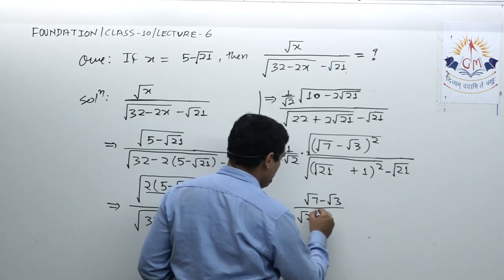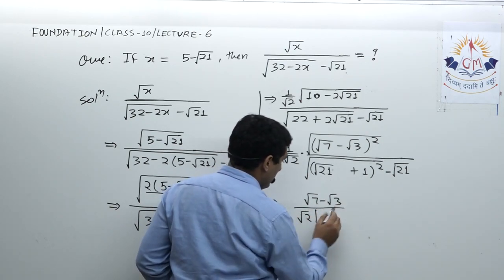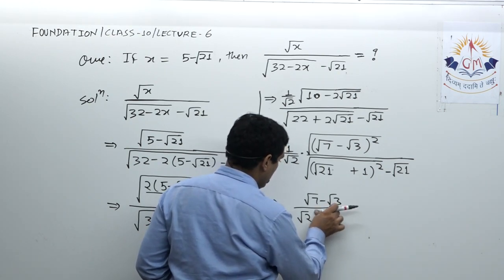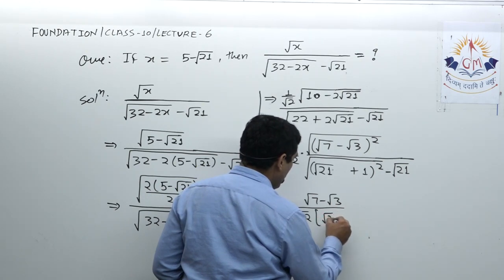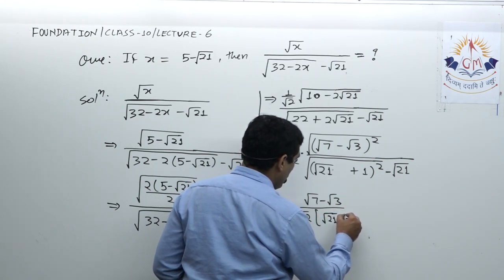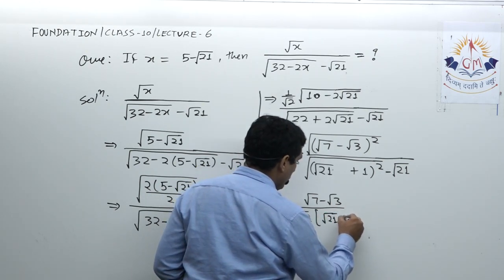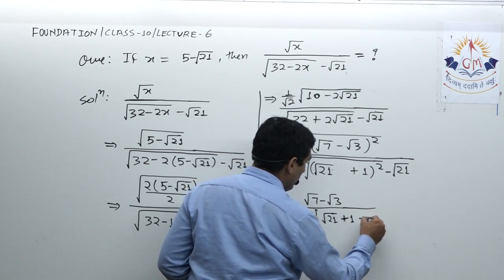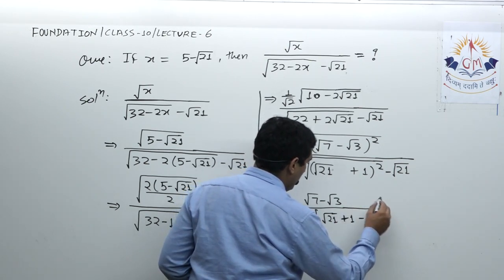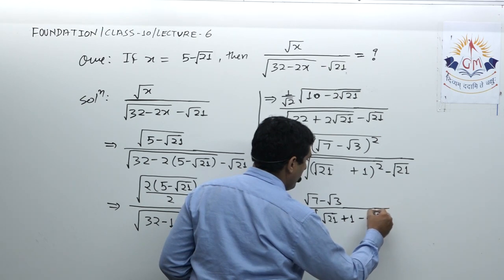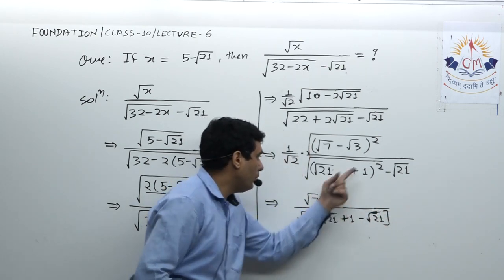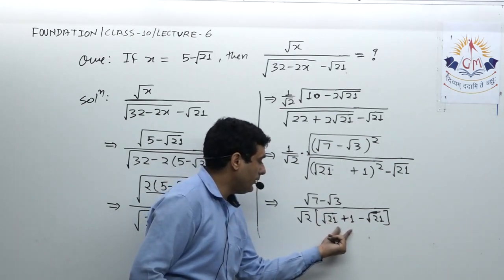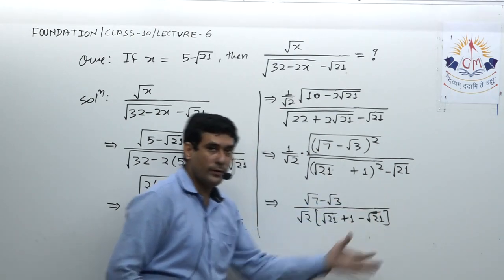Next, the numerator will be root 7 minus root 3, and the denominator will be root 2. Over here what I will get is the square root of root 21 plus 1 whole squared, minus root 21. Root 21 plus 1 whole square root is root 21 plus 1, and this minus root 21 remains as it is.